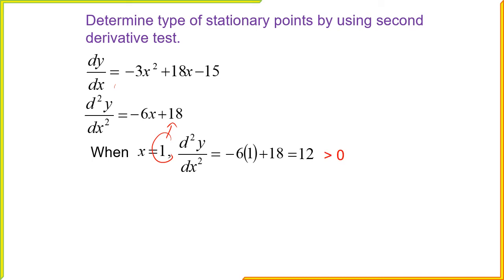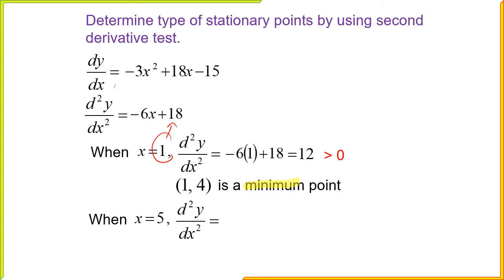We get negative 6 of 1 plus 18, which is equal to 12, which is positive. It's more than 0, which means that when x equal to 1, it's a local minimum point. So (1, 4) is a minimum point. And then when x equal to 5, d2y/dx squared is equal to negative 6 of 5 plus 18, which is equal to negative 12. So negative 12 is a value less than 0, a negative value.